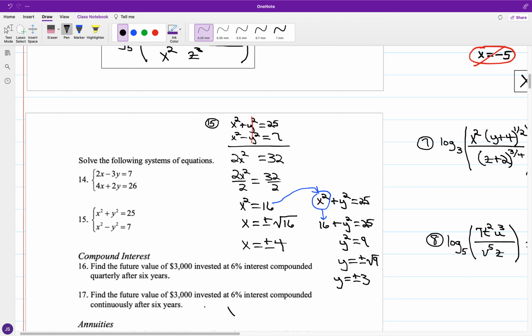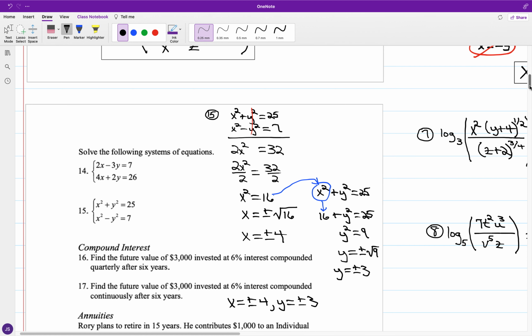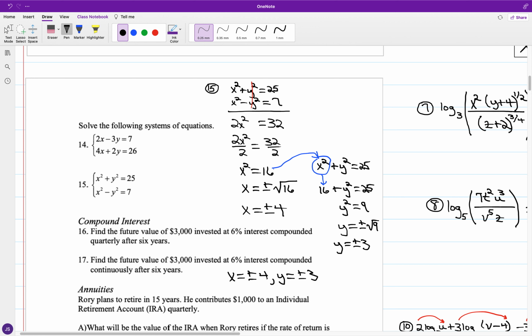So for number 15, for the solution, I have two distinct values for both x and y, from which we have four distinct points.